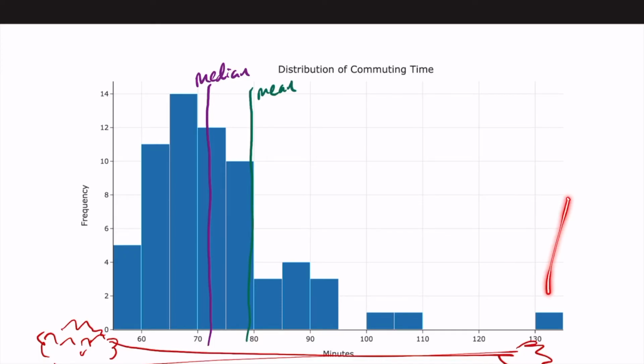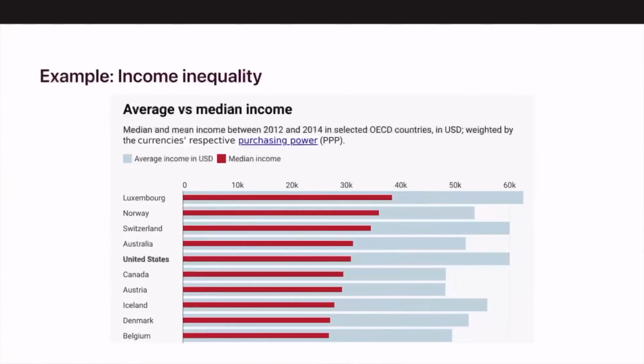But extreme values in data sets occur all the time and for perfectly good reasons. So you really want to make sure that you're not just removing things that look like outliers, but you're doing an analysis to determine if it really is an outlier. Some real world examples of that might be, for example, income.